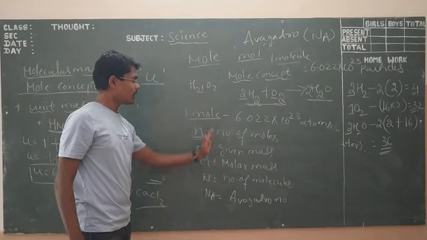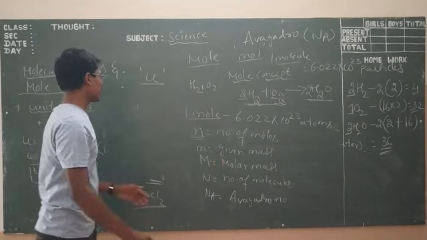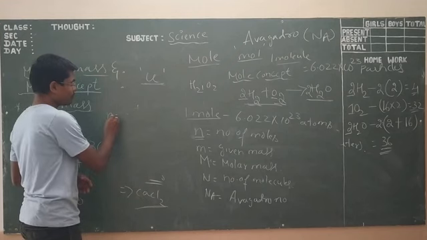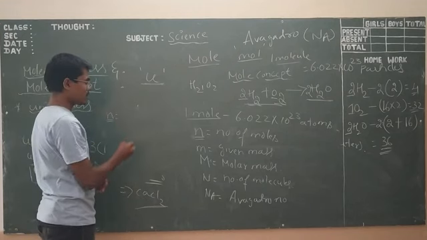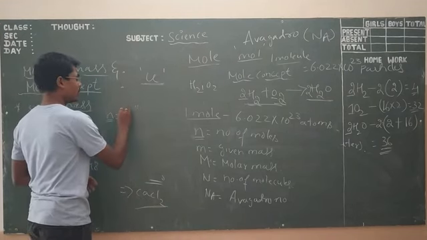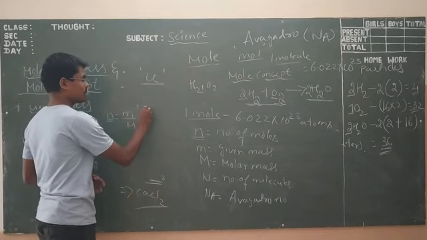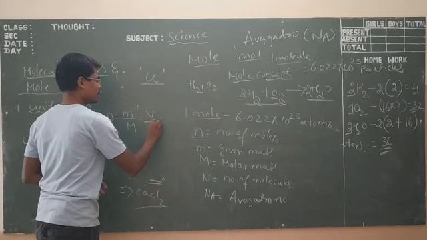By taking all these abbreviations, now I am going to write a simple formula. The number of moles required to form a particular compound or product is n equals m by M, that equals N by Na.